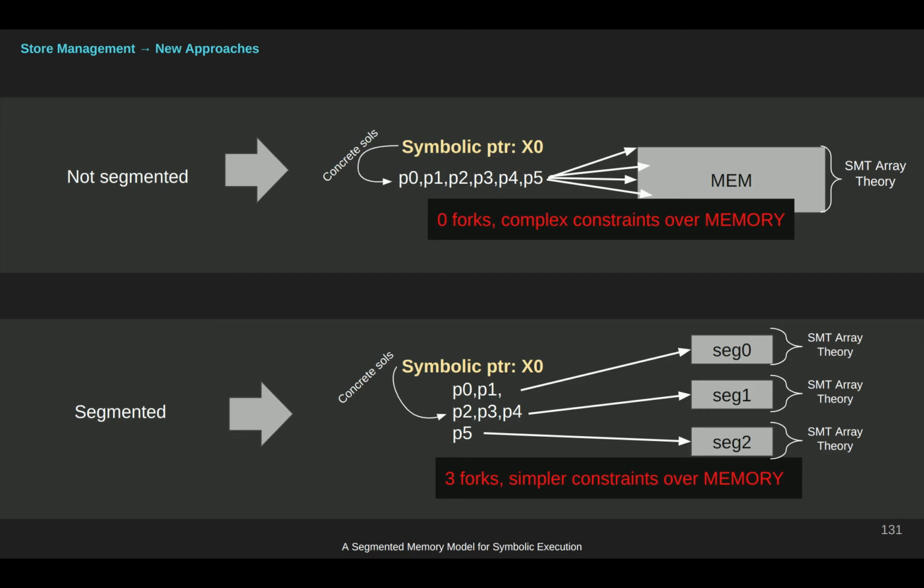That might allow you to have simpler constraints over the memory array. Instead of having constraints over the whole memory, you have some partial constraints at first, which is that the index is not outside the bounds of this segment. And then in addition, you're dealing with this segment only, so all of your constraints might now just apply to this segment rather than all of memory. Found this a bit interesting, but yeah.